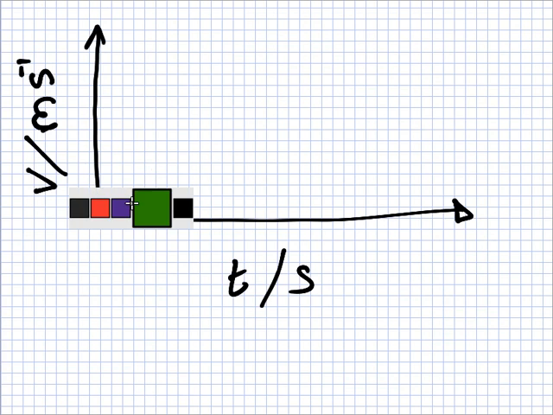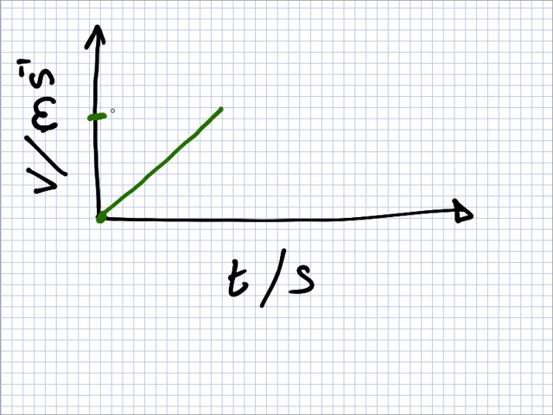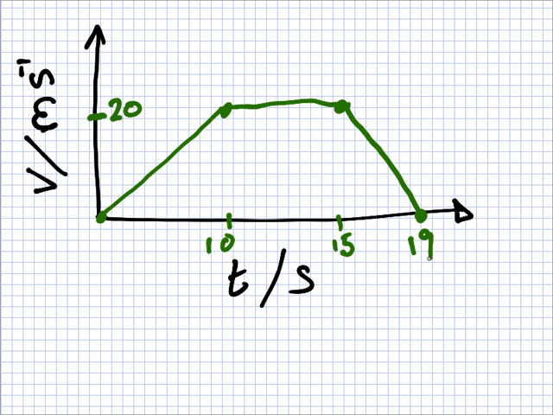Okay, so what happens, it starts at rest and then accelerates up to 20 meters per second in 10 seconds, and then it continues at this speed for how long? 5. So then this is the 15 mark, and then it decelerates in 4 seconds. So that finishes up on 19 then. Alright, that's okay, isn't it?